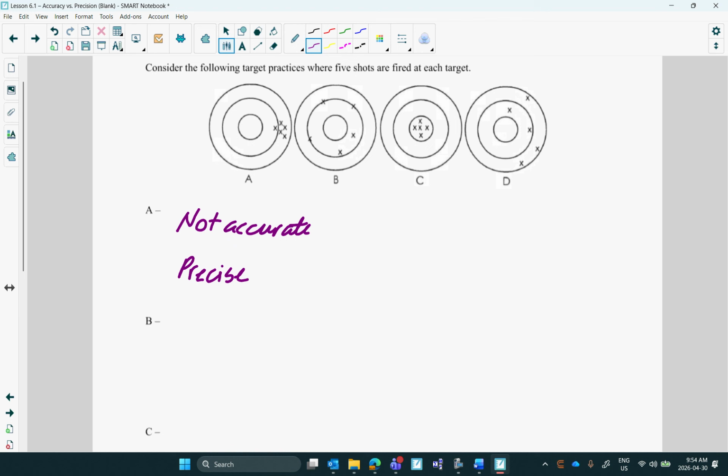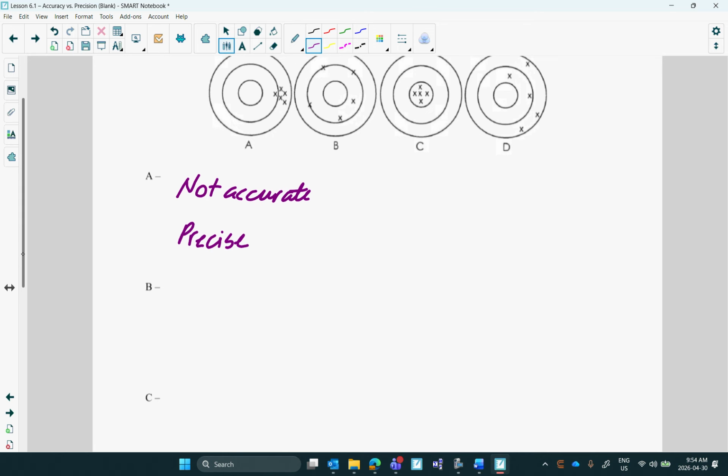And it's not accurate because it's off the center. Okay, so yeah, we would probably say with this one, it's not terrible, but it's not great. So the easiest thing to say would be not accurate, not precise.